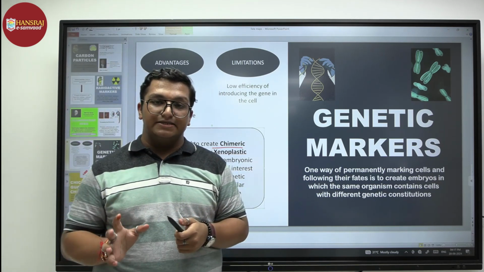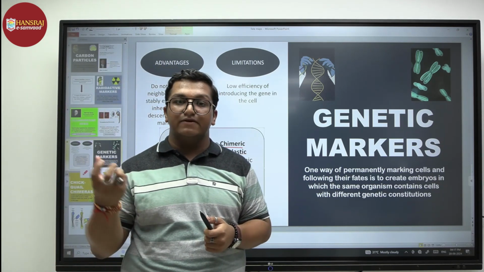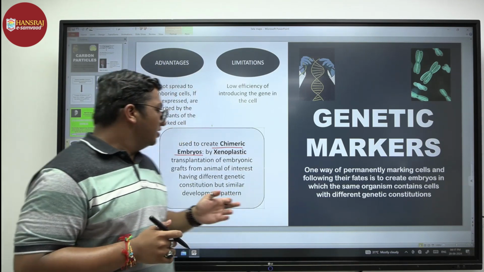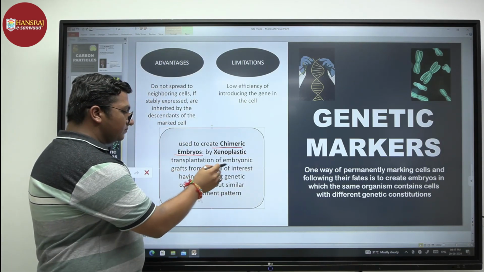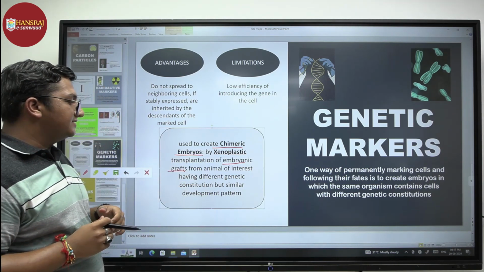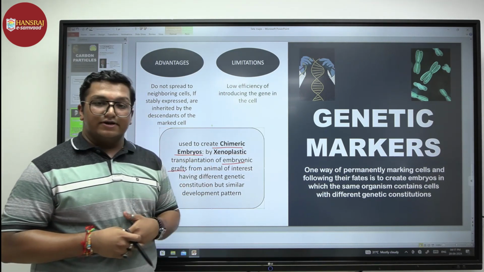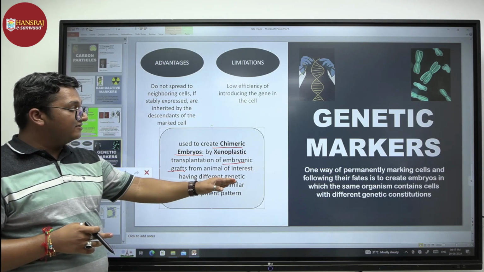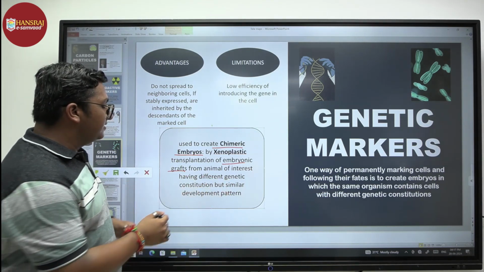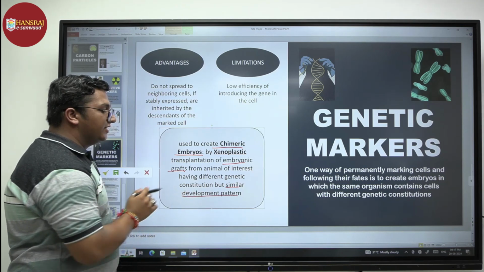Xenoplastic transplant means that we are taking something from one species and transplanting it into another species. So embryonic grafts are transplanted in a xenoplastic way from the animal of interest, which has a totally different genetic constitution but similar developmental pattern, as I've already told.